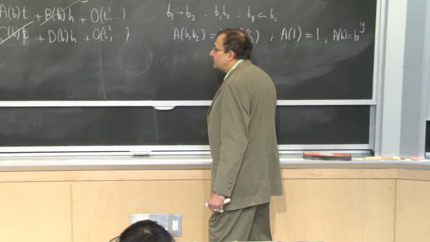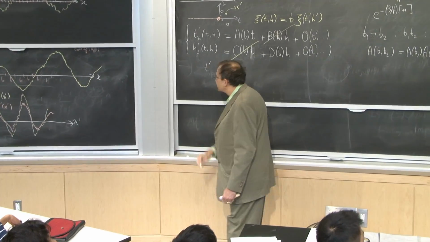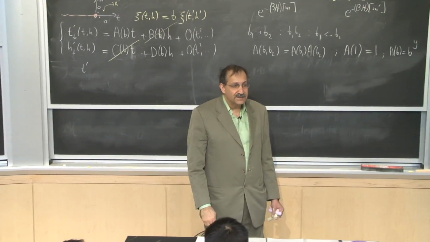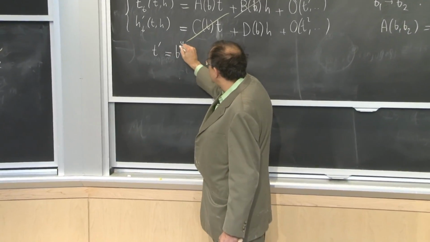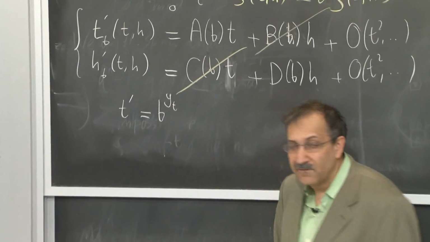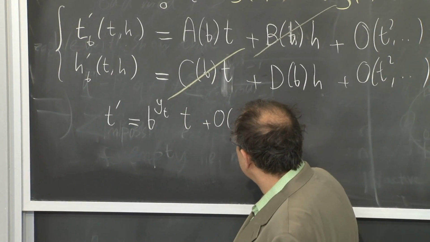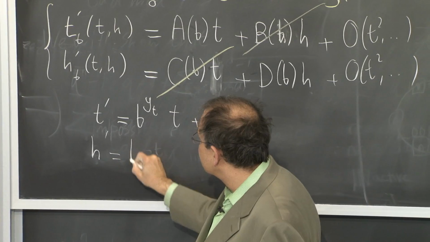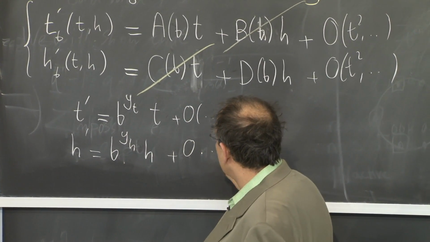So we know, therefore, that at the lowest order, under rescaling by a factor of b, t prime should be b to some y, I'll call it y_t, times t plus higher orders, while h prime is b to some other power y_h times h plus higher orders.